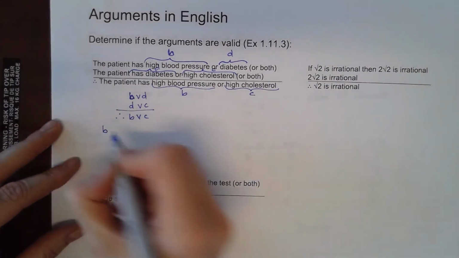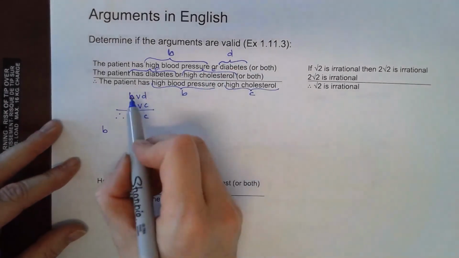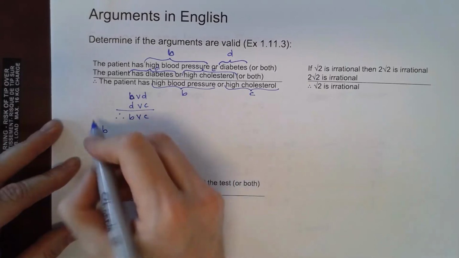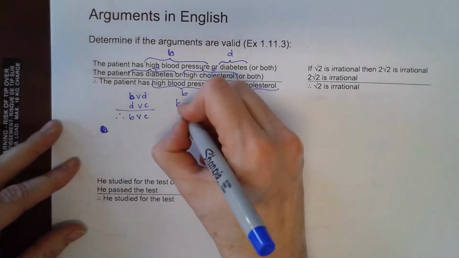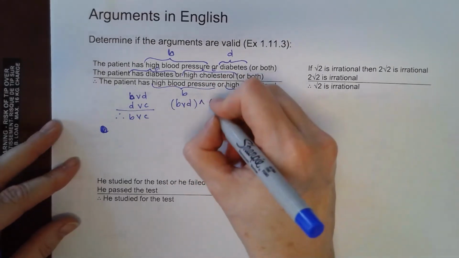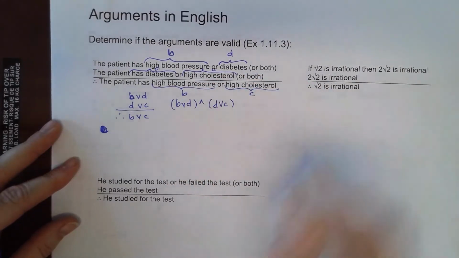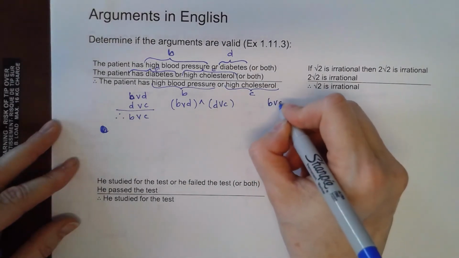This one's really long though, isn't it? We've got 3 variables, B and D and C. So we've got B or D, and we want to AND that with D or C. Those are hypotheses, and over here we're going to want to look at B or C.